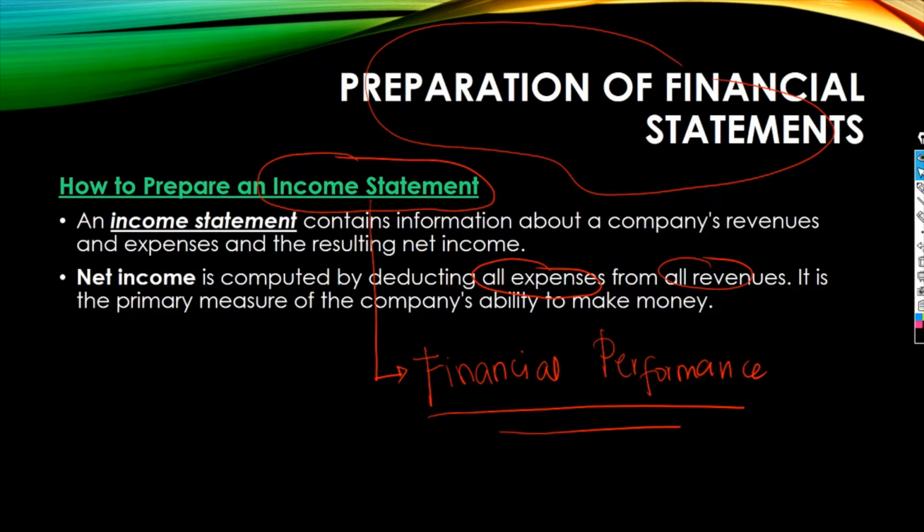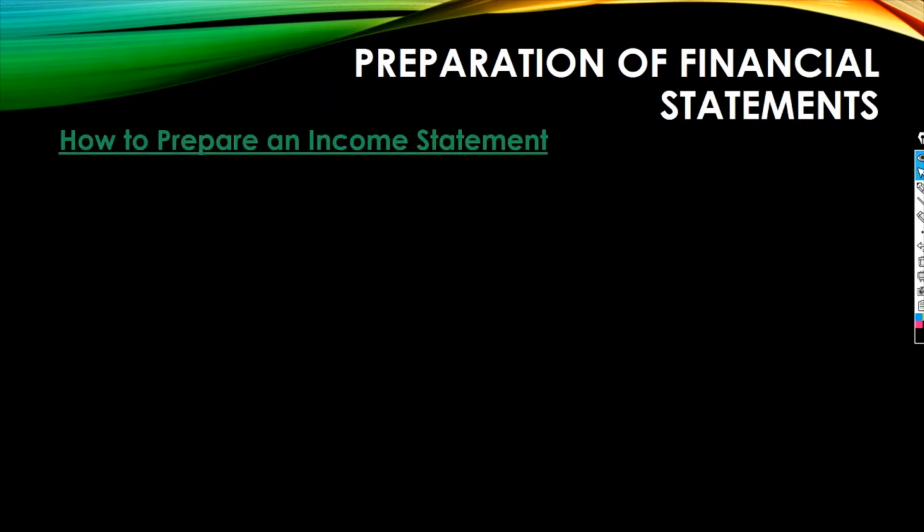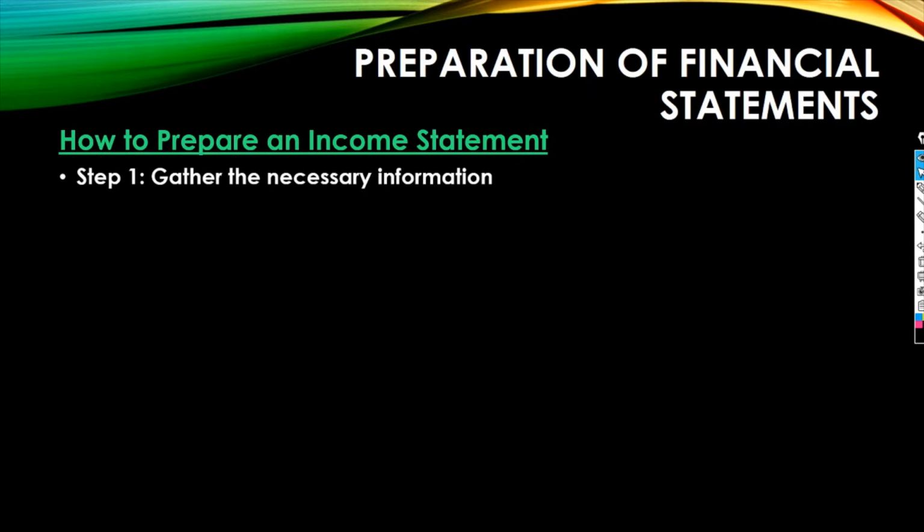So how should we prepare an income statement? The first thing you should do is gather the necessary information, of course. All those amounts that we need, we should gather. And if we have the worksheet already, it is easier for us to prepare the income statement because all the information that we need can be found on our worksheet. Step 2, of course, don't forget the heading.